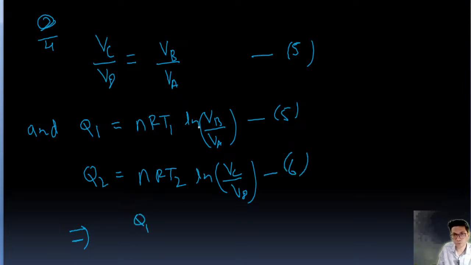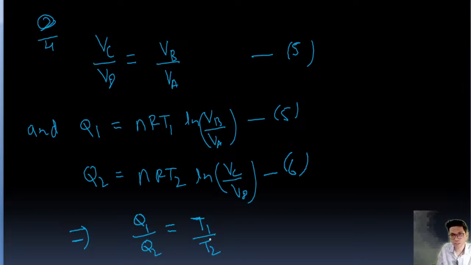So we are going to do 5 by 6. So Q1 upon Q2 is going to be T1 upon T2, because from equation 5, Vc upon Vd equal to Vb upon Va, okay? So this value is going to be 1.